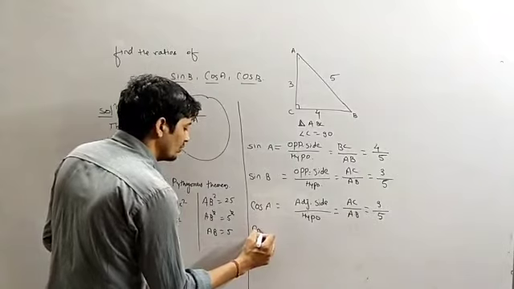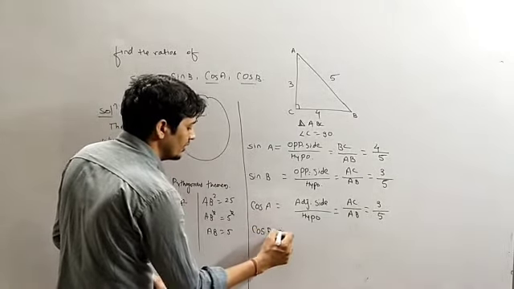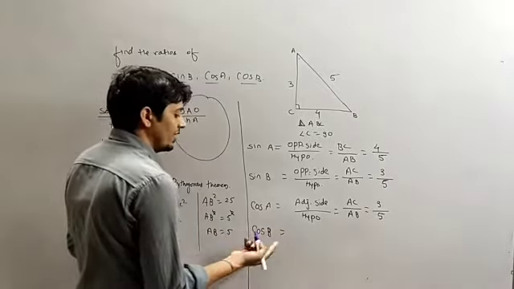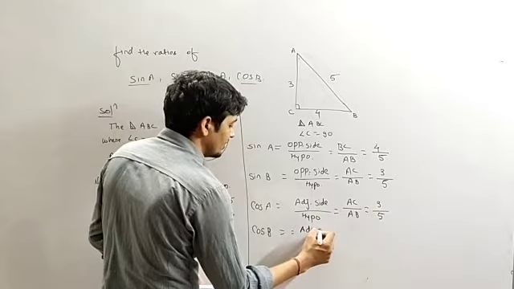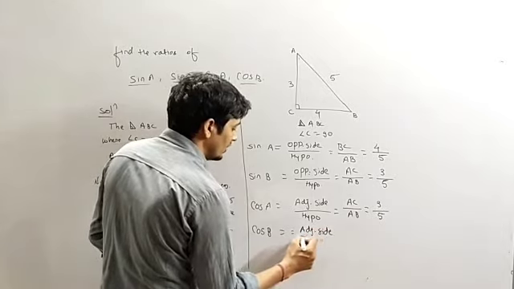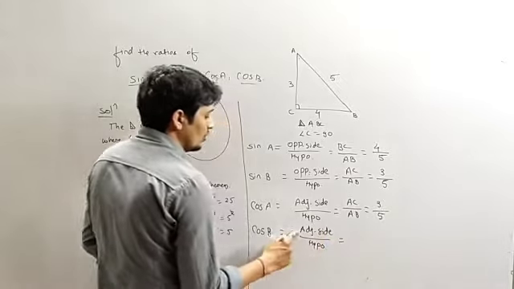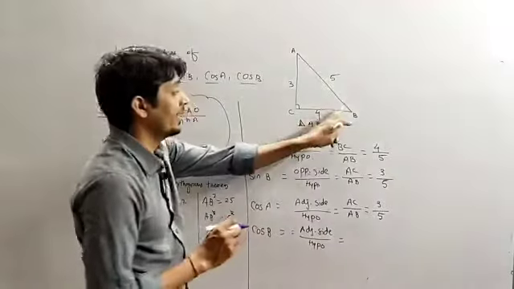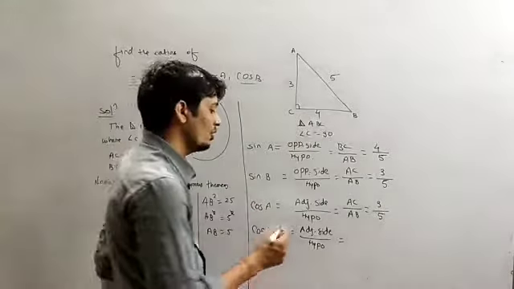Then we have to calculate the value for the ratio cos B. Again, cos theta equals adjacent side divided by hypotenuse. For angle B, the adjacent side will be BC.